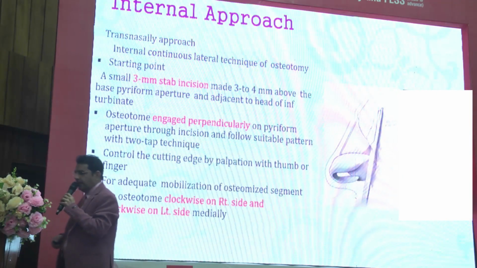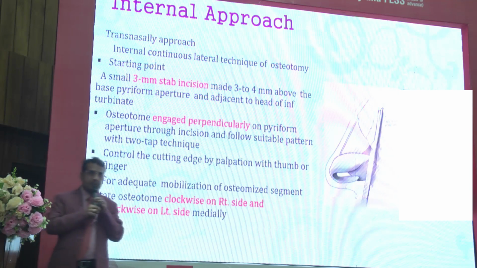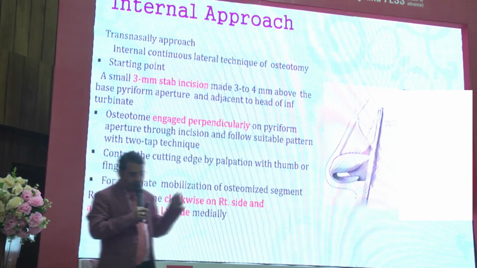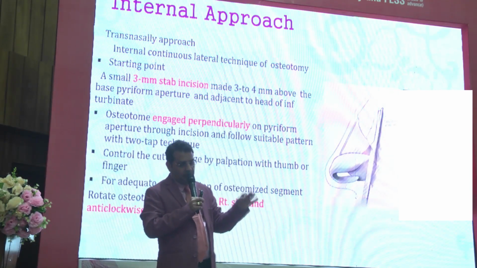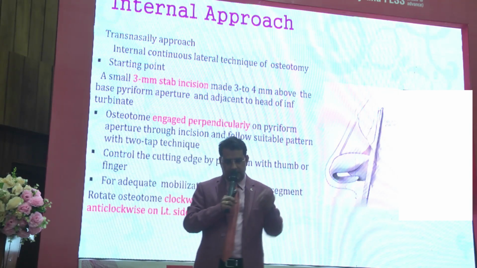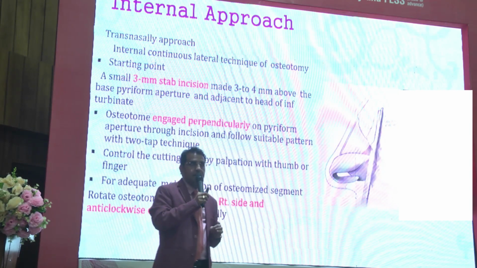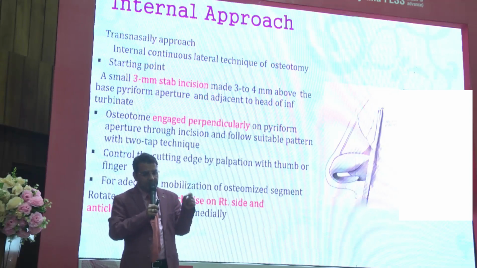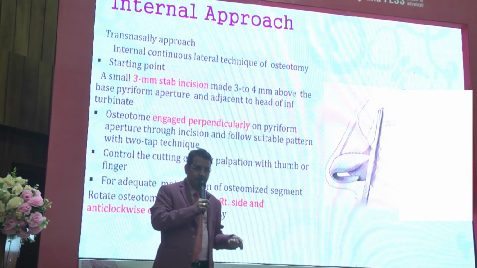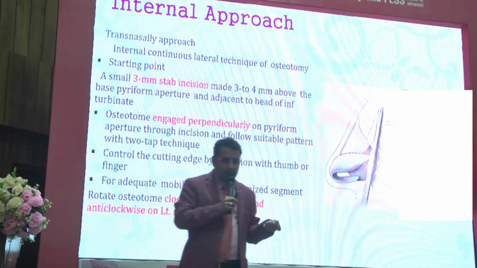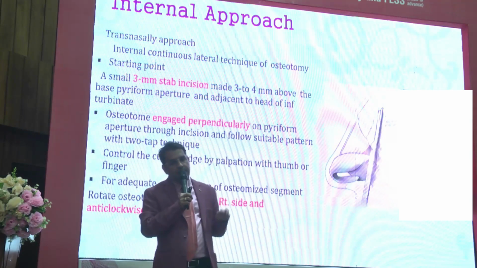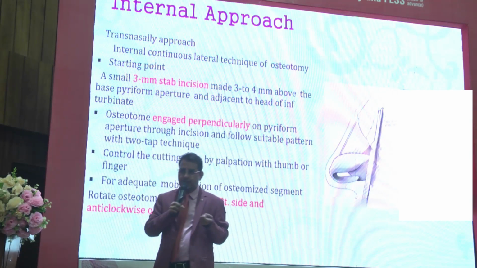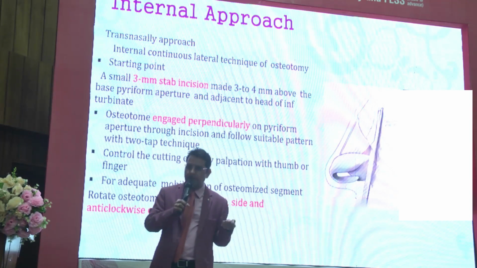So when you use the internal approach, like for every osteotomy, you should know the indications regarding the osteotomes and where you engage the osteotome. For the ENT colleague, it's not a big issue because everyone deals with the inferior turbinate.